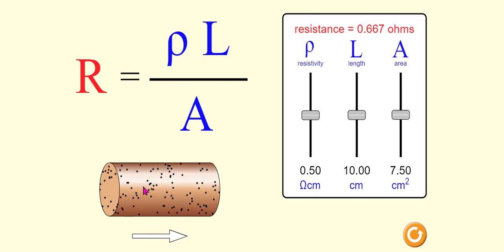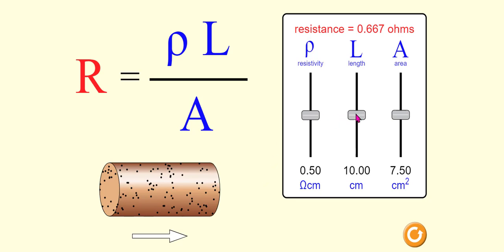A wire is characterized by its length, capital L, by its cross-sectional area, capital A, and its resistivity, rho. What will happen if we increase the length of a wire, or if we increase or change the cross-sectional area, or even the resistivity?